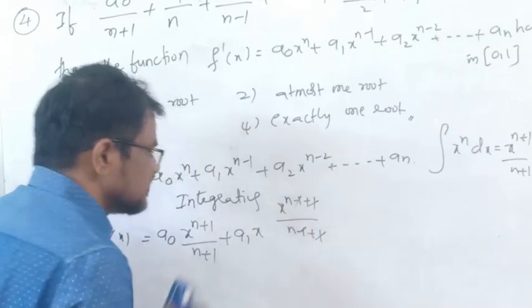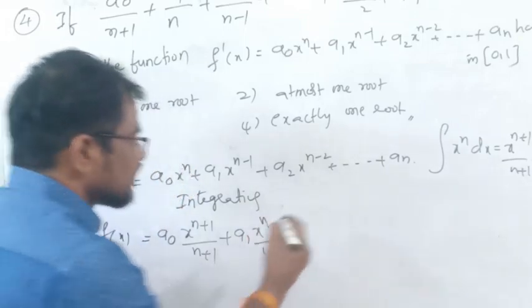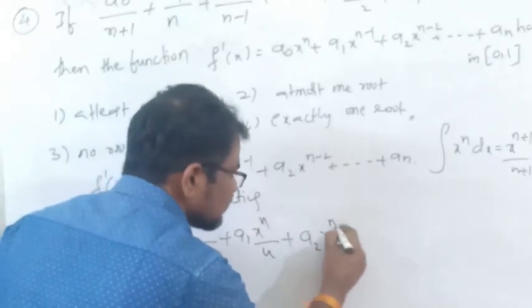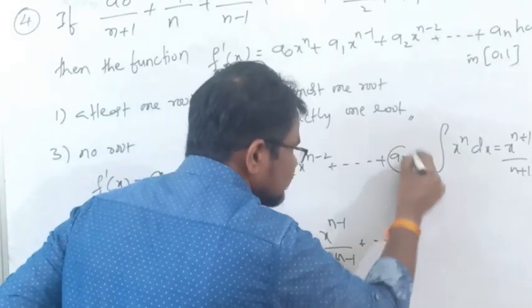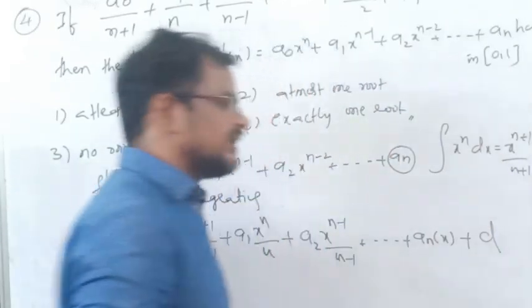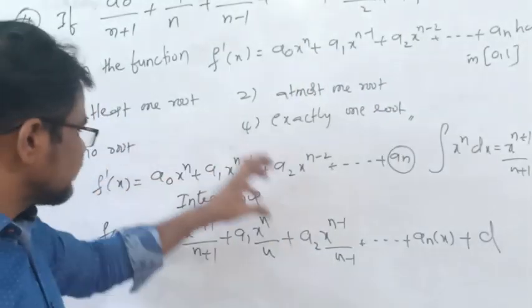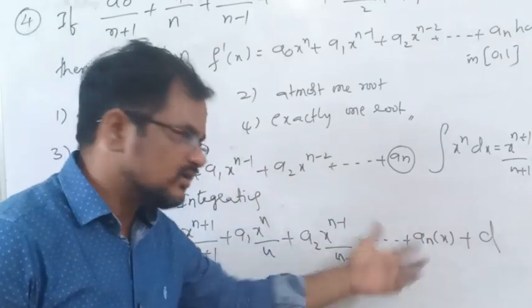This gets cancelled, so what is remaining? x to the power of n by n, plus a2 x to the power of n minus 1 by n minus 1 plus etc. Integration of a constant means that constant into x. Then you can take the integral constant. Otherwise, if you know, you can directly identify the function and write down that function also.